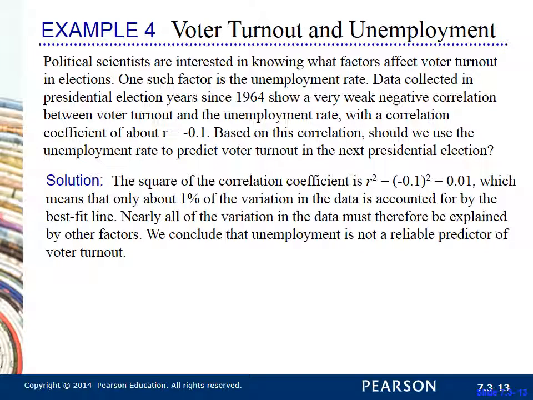Hence, we can conclude that unemployment is not a reliable predictor of voter turnout, where unemployment was my explanatory variable and voter turnout was my response variable. So that coefficient of determination helps me determine whether this is a good predictor based on the variability accounted for in the best fit line.